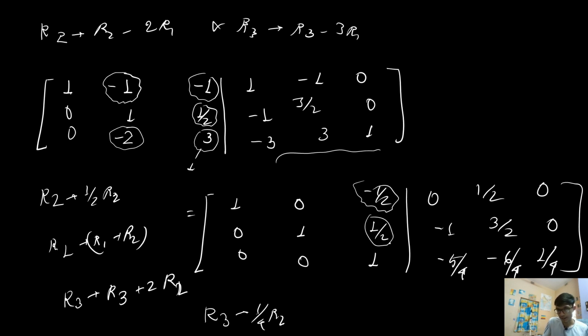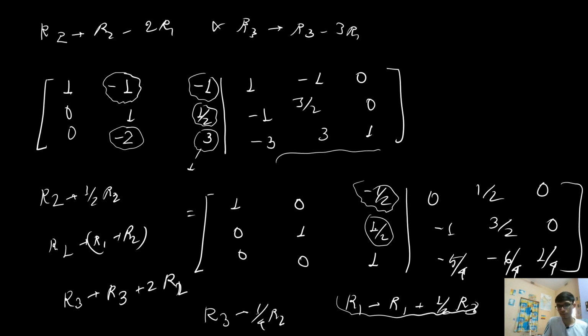What I can do is row 1 goes to row 1 plus half times row 3, and similarly row 2 goes to row 2 minus half times row 3. I apply this transformation.